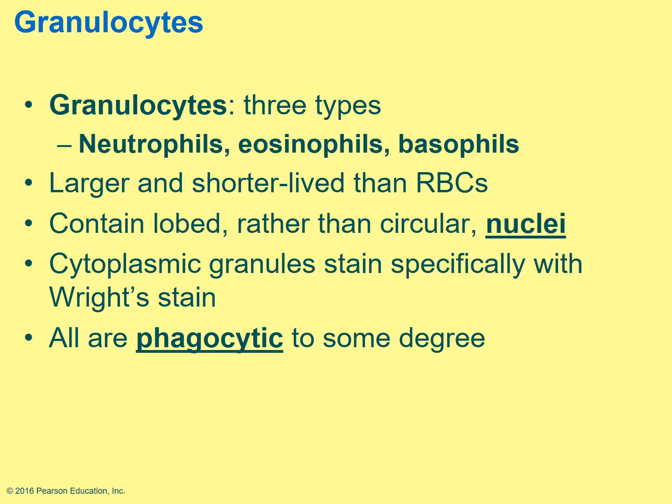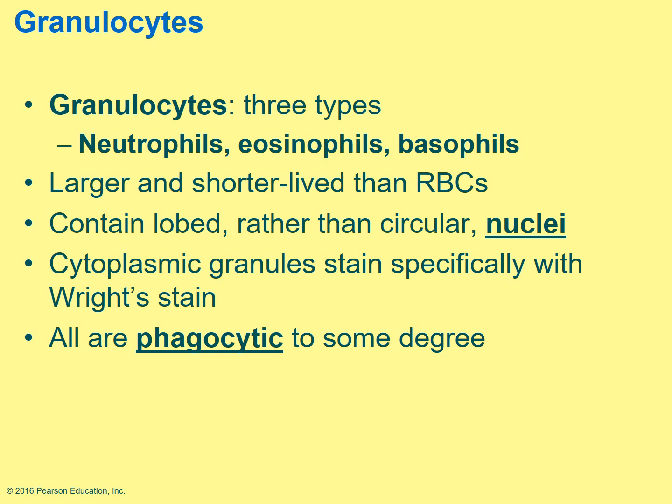The granulocytes are the neutrophils, eosinophils, and basophils. They are going to be larger than the red blood cells. They're going to have a shorter lifespan than the red blood cells. They do contain a nucleus because they are a complete cell. The nuclei tend to be referred to as lobed.